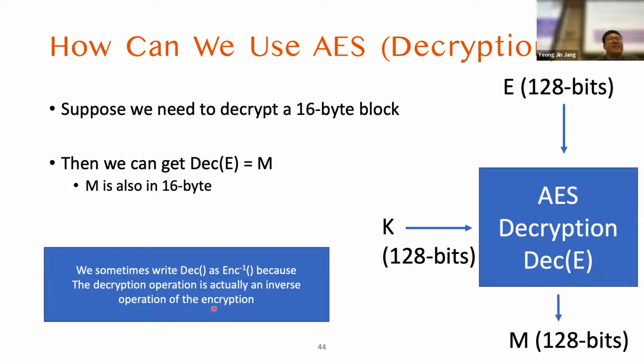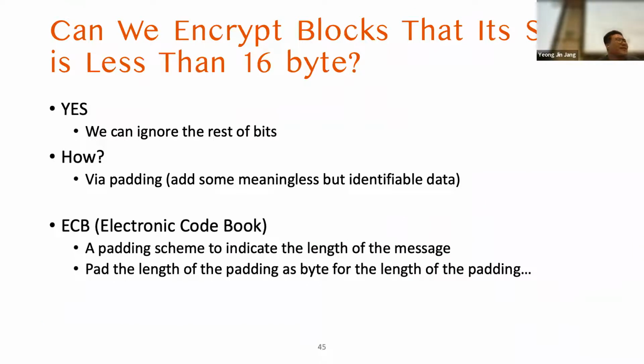I keep talking about 16 bytes, so you might be curious whether we can encrypt blocks where the message size is less than 16 bytes. Yes, and we have a somewhat standard way of doing that, by adding padding.